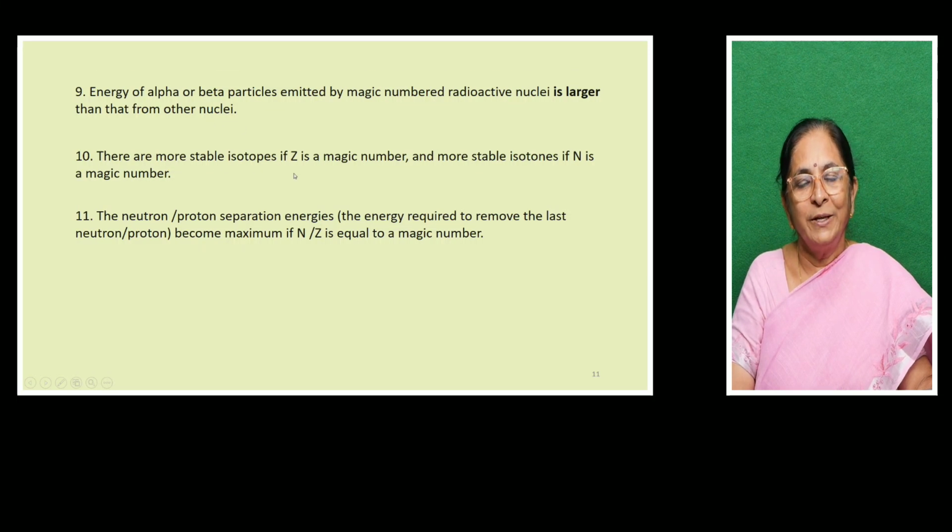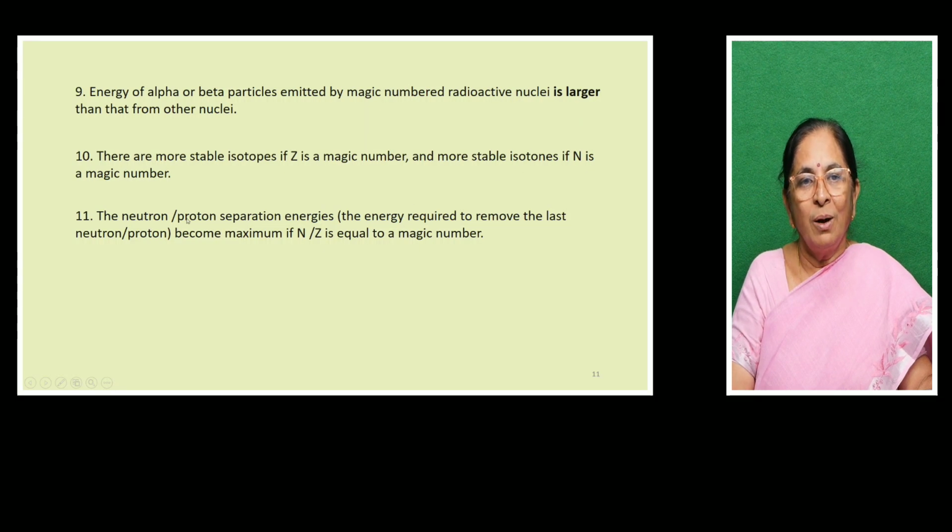There are more stable isotopes if the atomic number is a magic number, and more stable isotones if N is a magic number. So we come across new terms. Isotopes have the same proton number. Isotones have the same neutron number. So if the proton number is a magic number, they will have more isotopes. If the neutron number is a magic number, they will have more isotones.